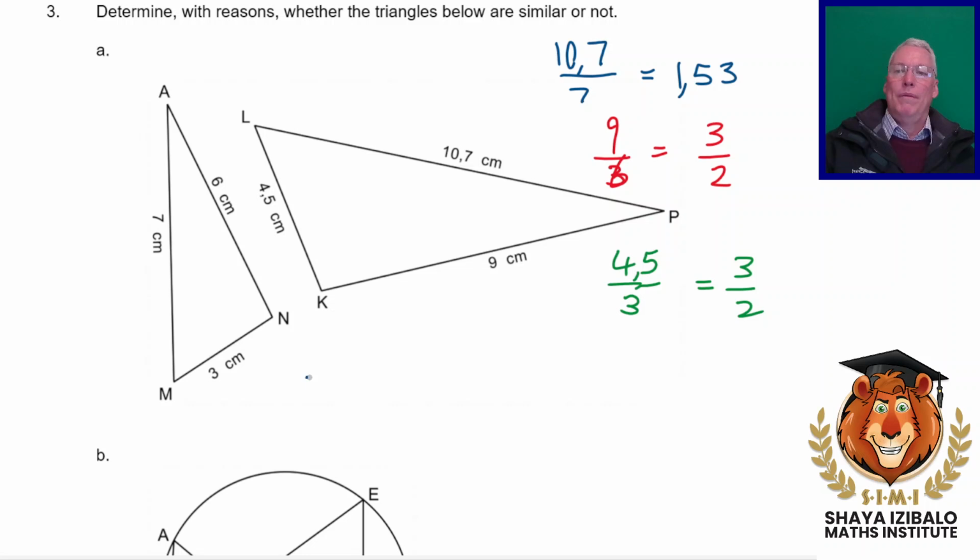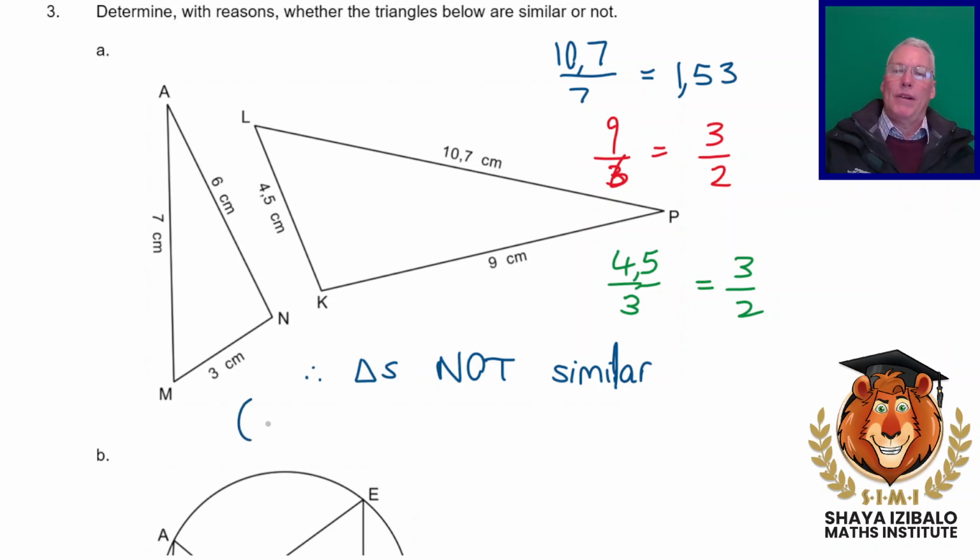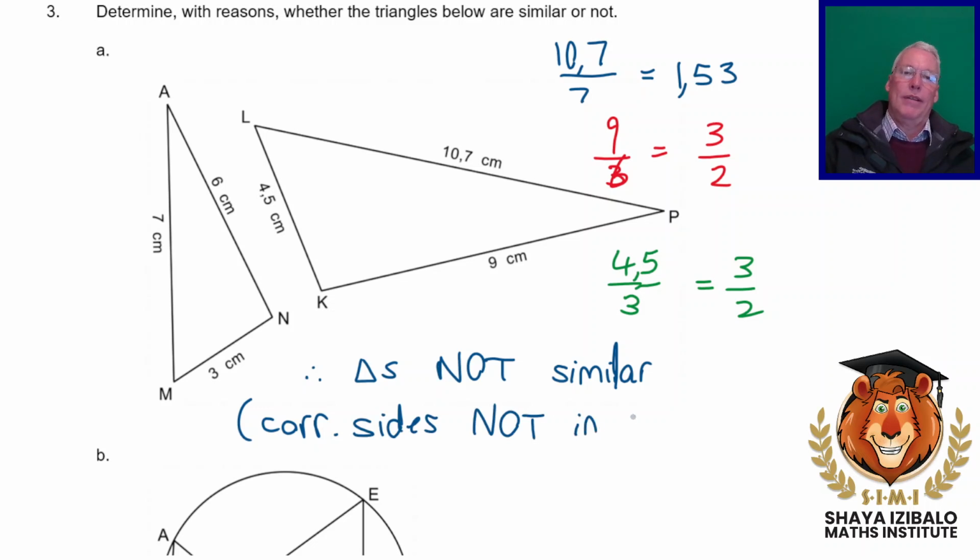So therefore, triangles not similar. And if we wanted to give a reason for them not being similar, we would say that the corresponding sides are not in the same proportion.